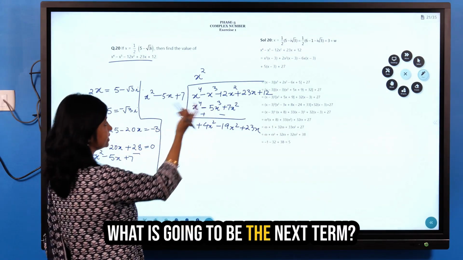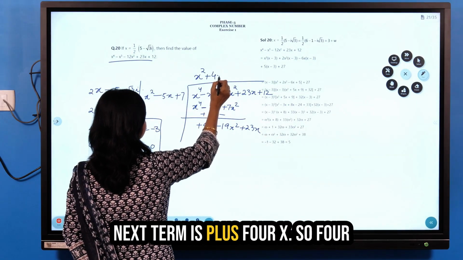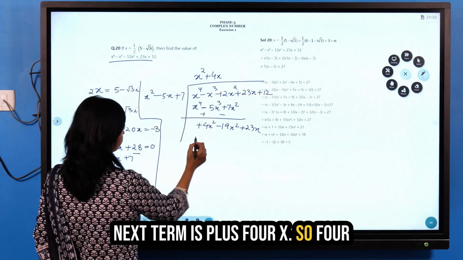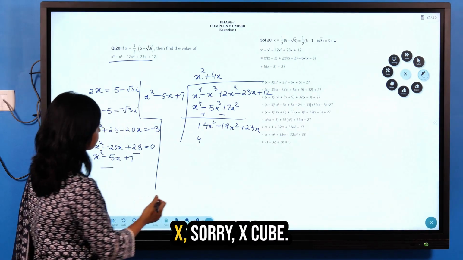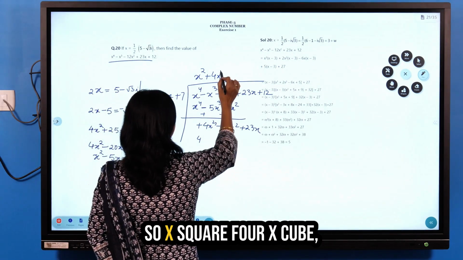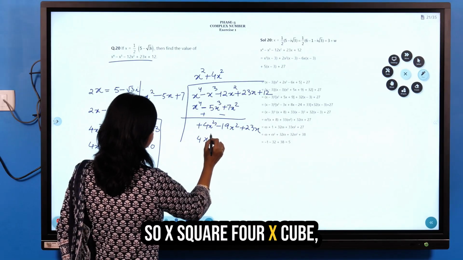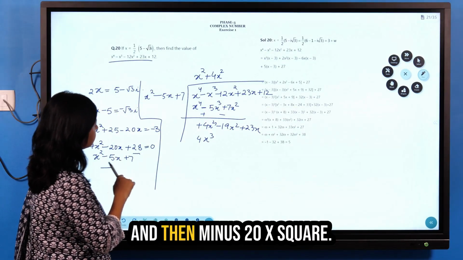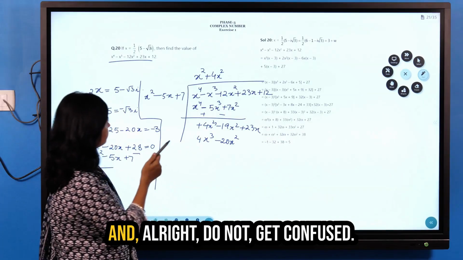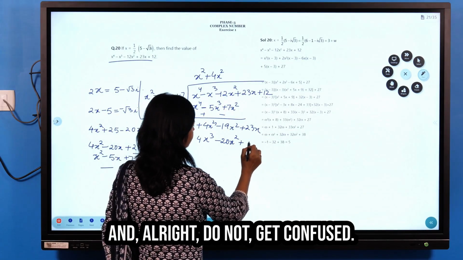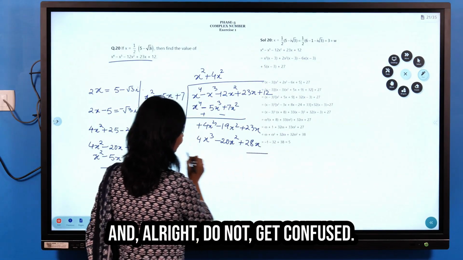Now what is going to be the next term? Next term is plus 4x. So 4x cube, and then minus 20x square and so on. All right, do not get confused.